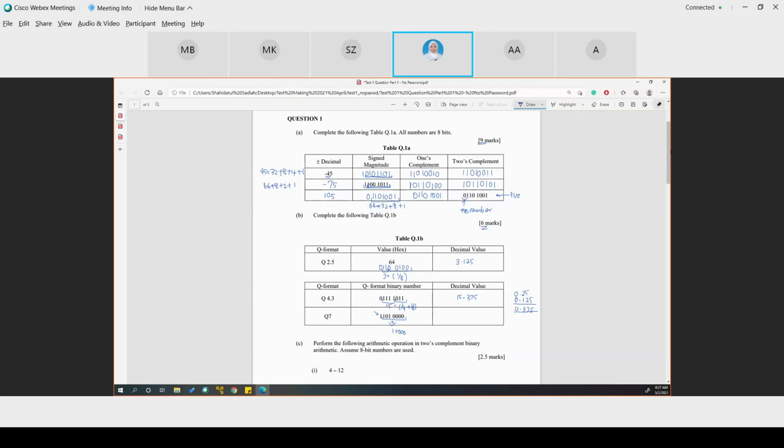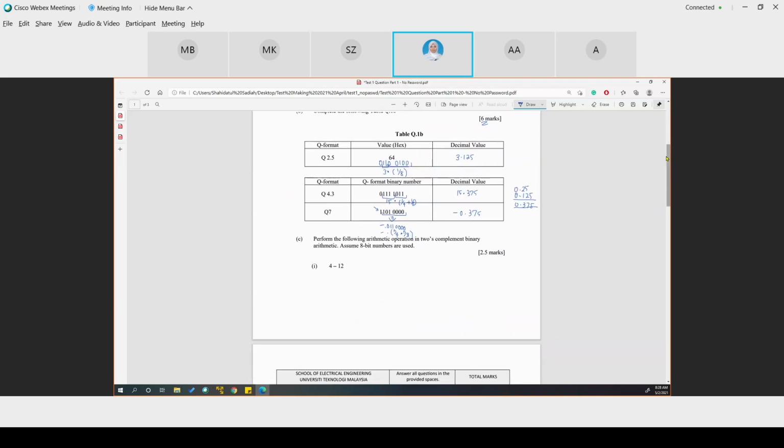So this is first, and then 1 negative. So negative is 1 over 4, 1 over 8. Alright, but it's negative.